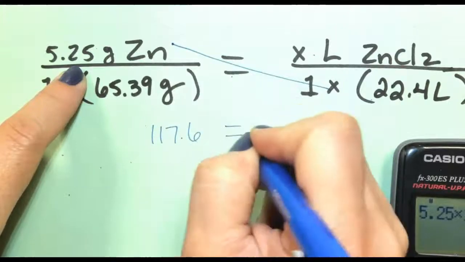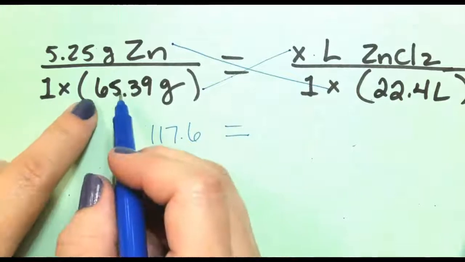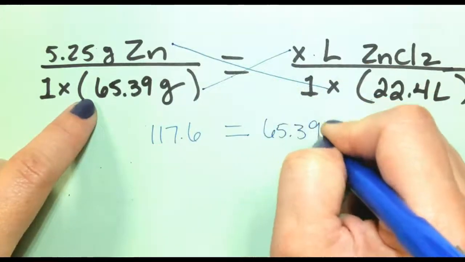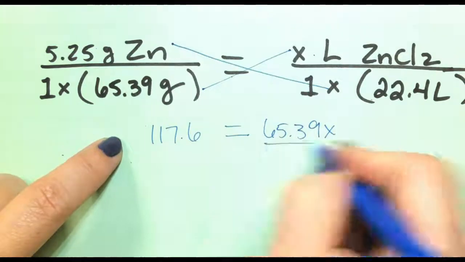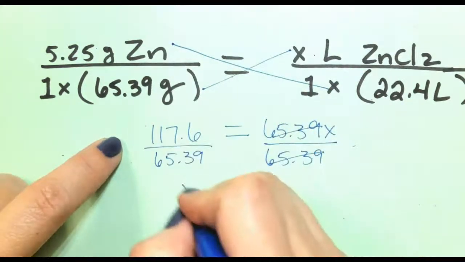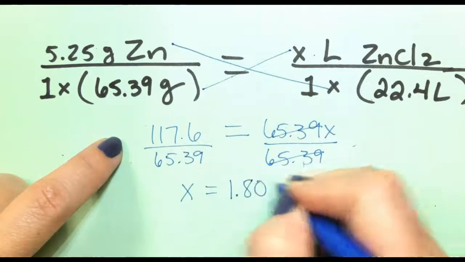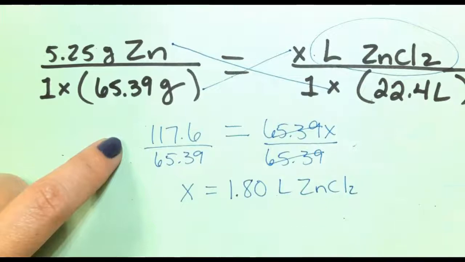Then we're going to write equals this times this, and 1 times 65.39 times x is just 65.39x. Now I'm going to divide by 65.39 on both sides in order to get my x, which is going to be equal to 1.80, and remember that is liters of zinc chloride.